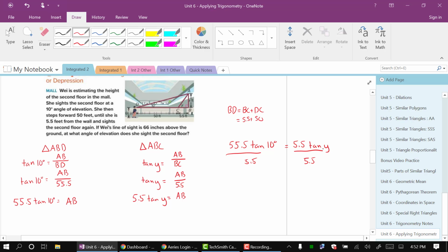And then I'm going to take the inverse of tangent. So this is going to give me measure of angle Y equals tangent inverse of all this, 55.5 tangent 10 degrees over 5.5. And when I type all that in my calculator, I get out about 60.6.